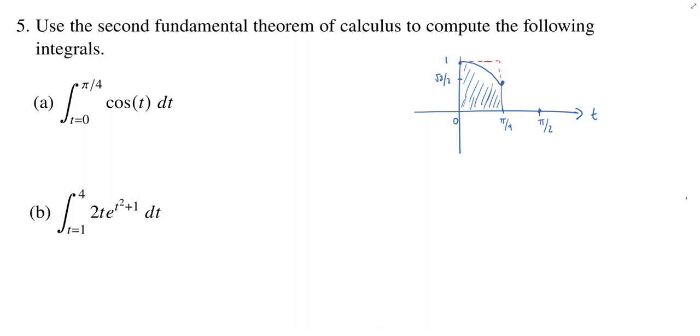Okay, but how do we actually compute it for real? Well, we want to use the fundamental theorem of calculus, the second part. So I'm going to use FTOC2. And that says first thing you need to do is find an antiderivative for this, right?